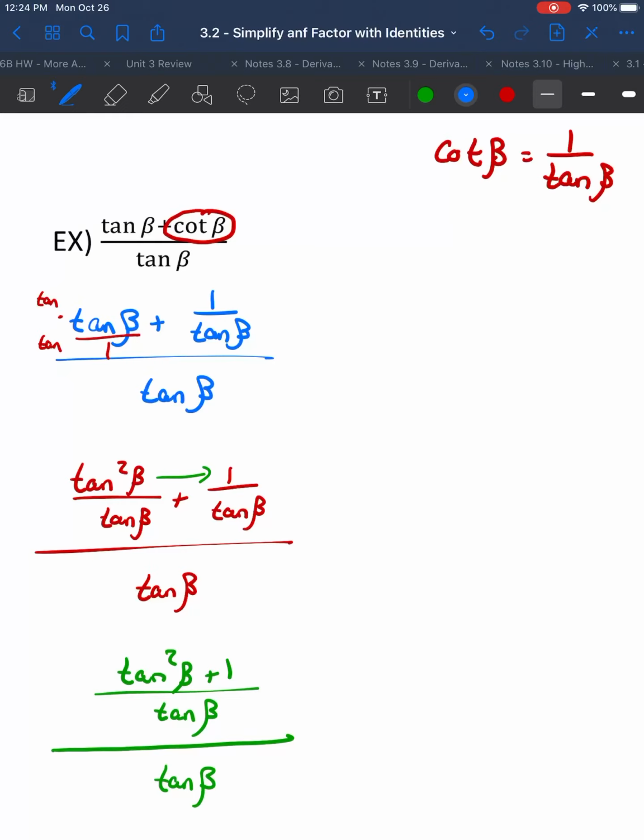Instead, we multiply by the reciprocal of the denominator. So I'm going to keep my numerator and multiply by the reciprocal of the denominator. We multiply fractions straight across.